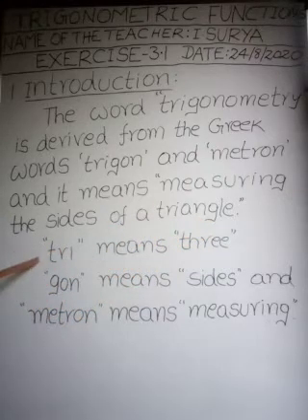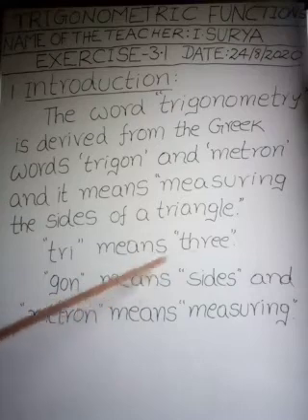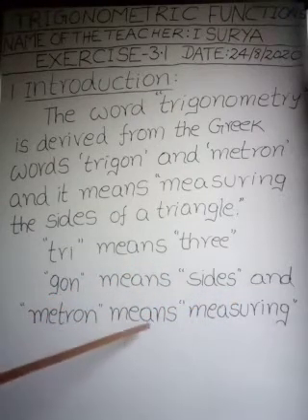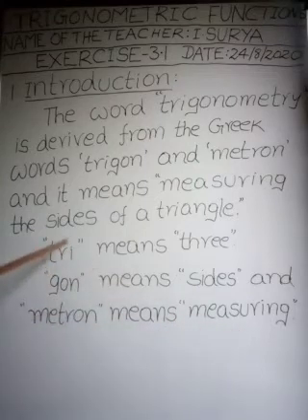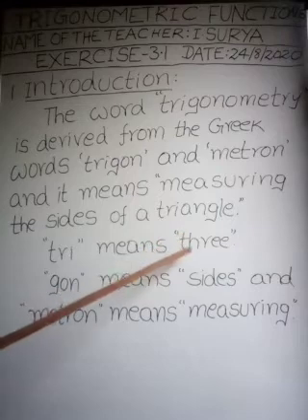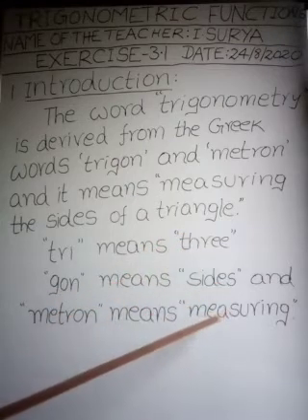I wrote here, tri means 3, gon means sides, and metron means measuring. These are the 3 Greek words and their meanings respectively.